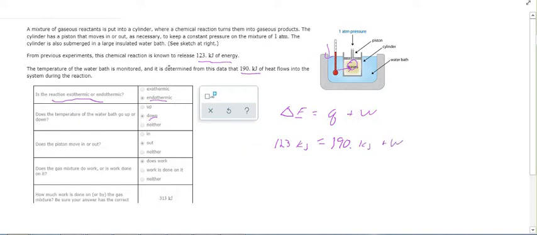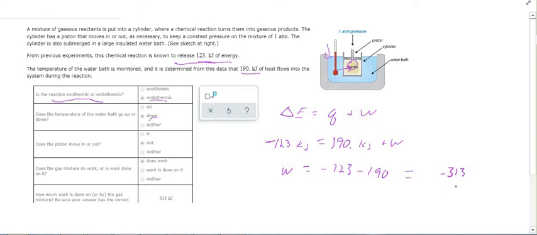Okay, now the system releases that energy. That has to be a negative. If the system gives off energy, remember, that is negative. So to solve for work, that's going to equal minus 123 minus 190. And so when all is said and done, the answer is going to be negative 313 kilojoules. The negative there tells the direction of the work.